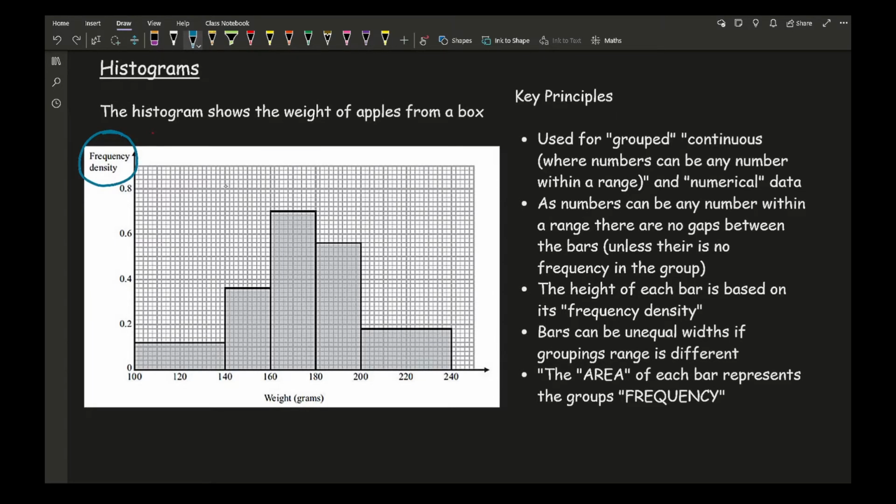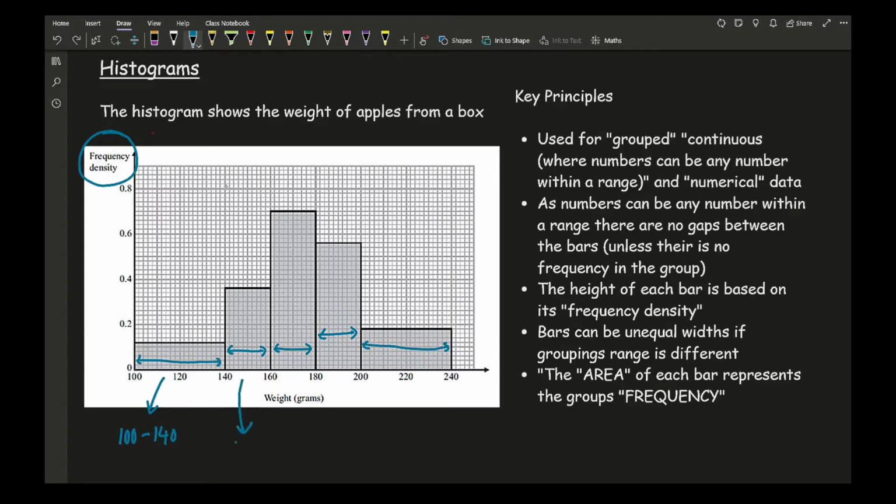Now, in a histogram, the bars can be unequal widths if the grouping range is different. So for example, here you can see that the widths of each of the bars are different, and that is absolutely fine because it all depends on the groupings of each of the categories. So this group here is 100 to 140.